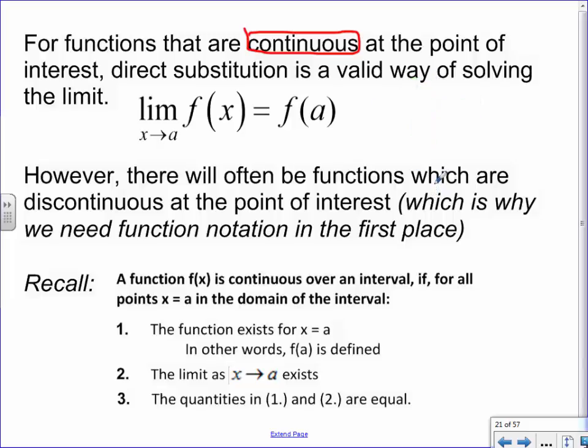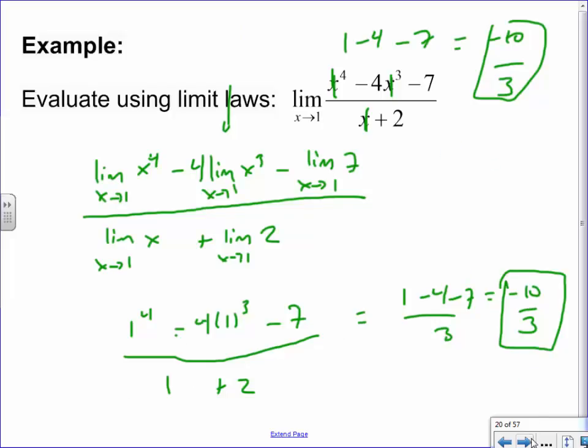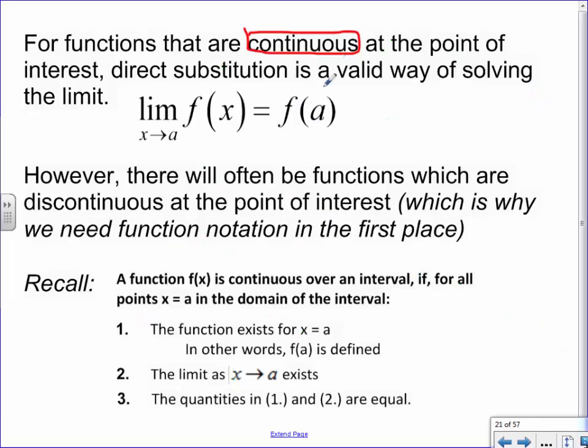Another definition we learned about continuity was the idea that functions are continuous if you could directly plug this value straight in. That's a good definition of continuity. We've already talked about this definition here, where the function exists for the point you want to plug in, and the limit exists, and the quantities are equal, which means that as you approach from this side and from this side, you're approaching the same spot.